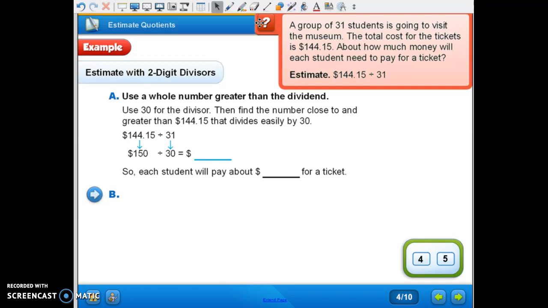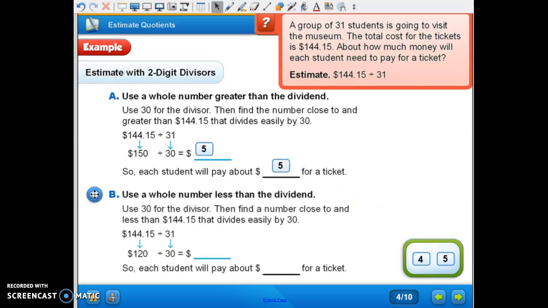Now we have to find something that's close to 144 that can be easily divided by 30. The first thing that comes to my mind is 150. And 150 divided by 30 is 5, right? 5 times 3 is 15. So each student will pay about $5 for a ticket.